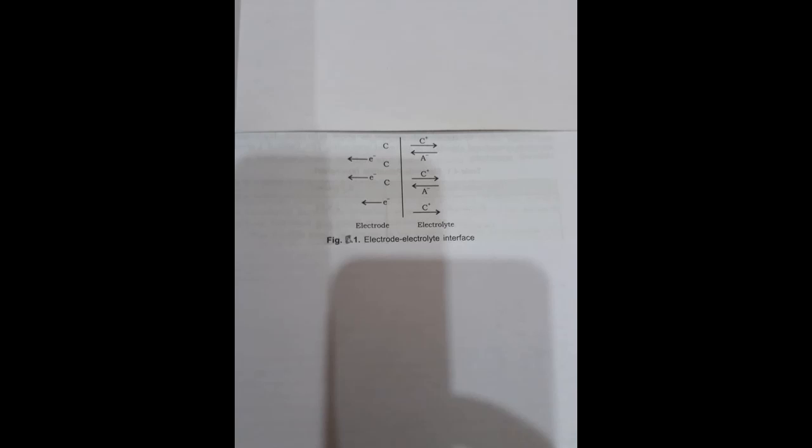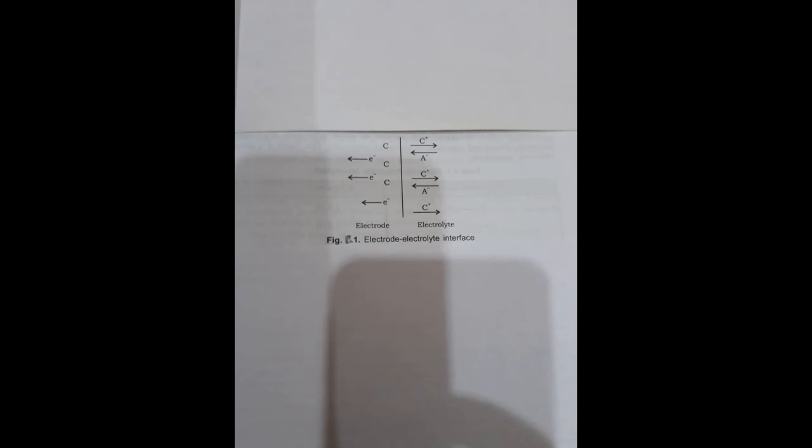The electrode is a transducer that changes an ionic current into an electric current. Figure 1 illustrates the electrode-electrolyte interface.